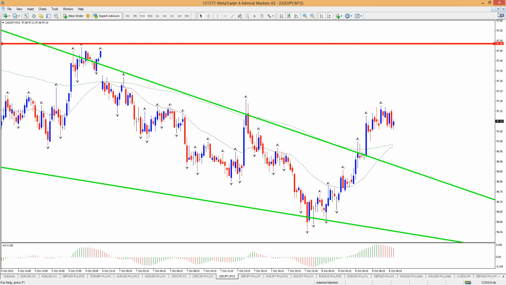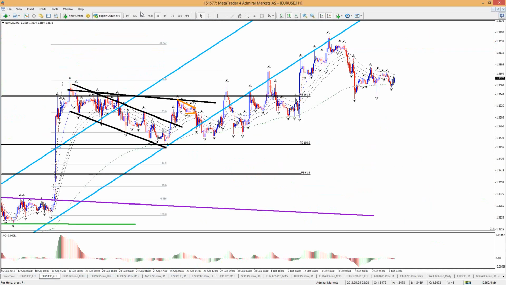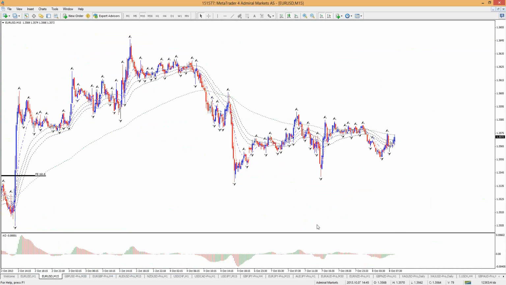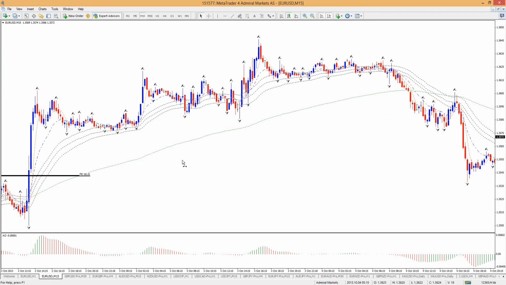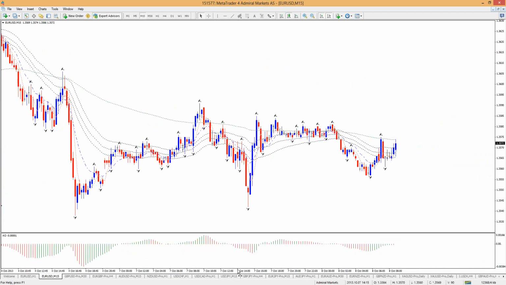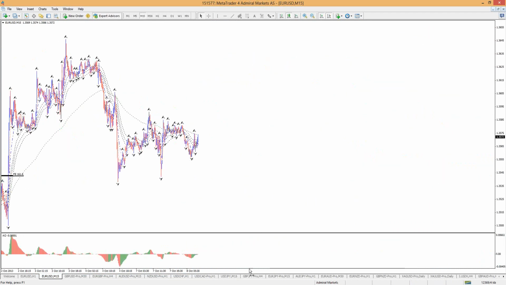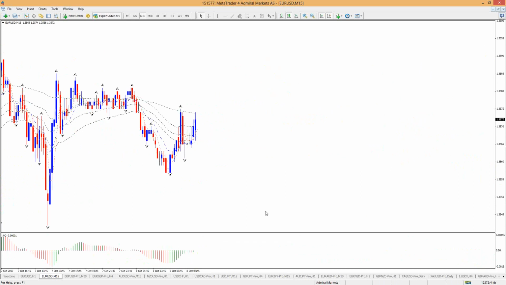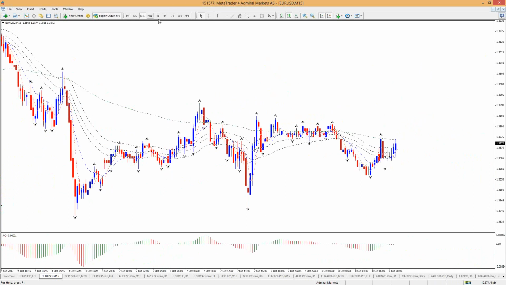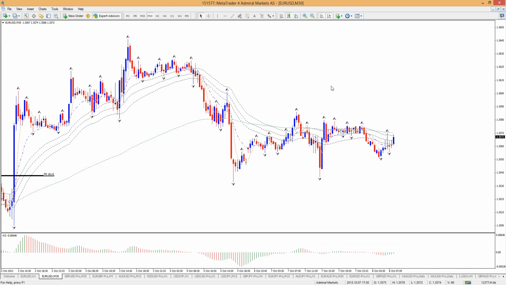Alrighty, well that wraps up what I wanted to show you. Let's take a look at the euro dollar. What happened with the euro? Oh, sorry about that. I can't find the idea. There it is. Maybe this one. Well, let's go to the 30 otherwise.